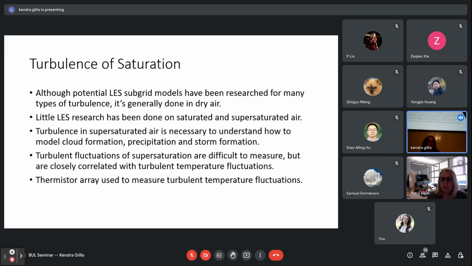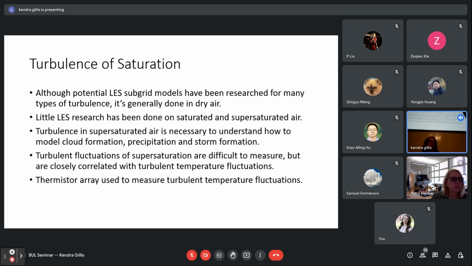Turbulence in supersaturated air is necessary, however, to understand and better model cloud formation, precipitation, and storm formation. Obviously, a lot of weather goes on in the atmosphere. The air isn't 100% dry, and so if we could better understand and better model saturation, we could better model what's actually going on.